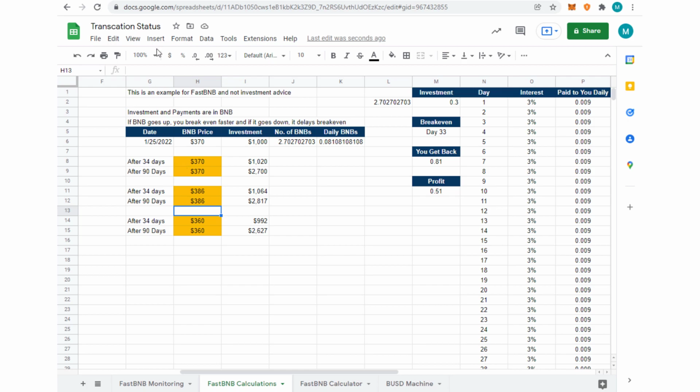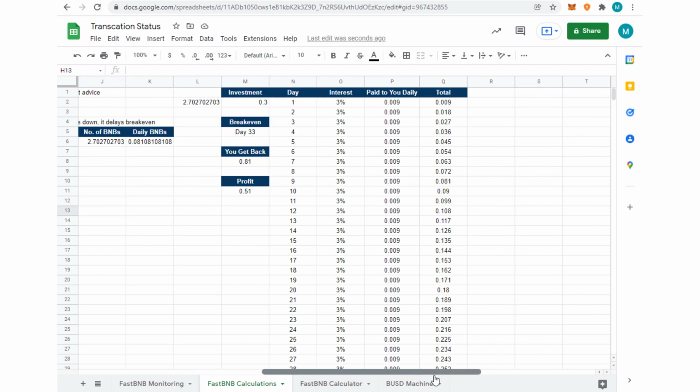For example, when you sign up through my referral, I get some referral bonus as well. So those also will add up. When somebody signs up through your referral, you also get some bonus referral money from it. So that will also increase your BNB, and all of that increases the number of your coins when you sell them.